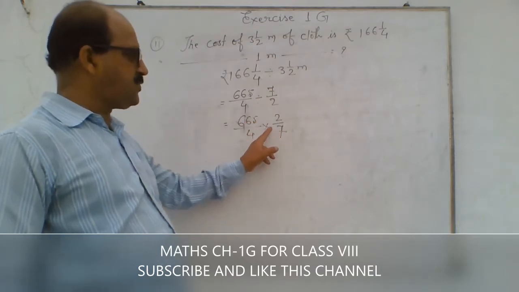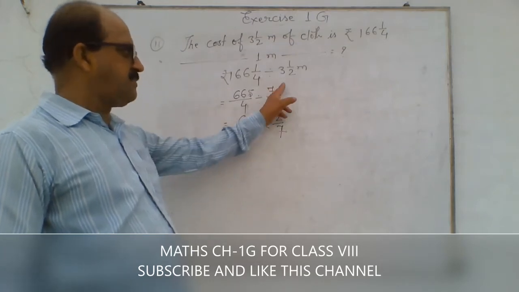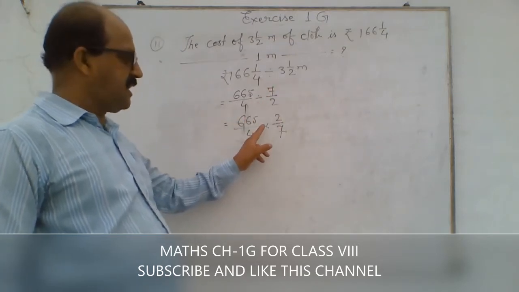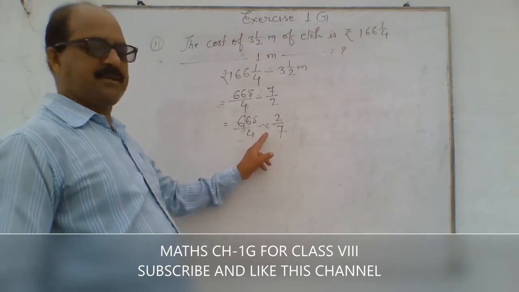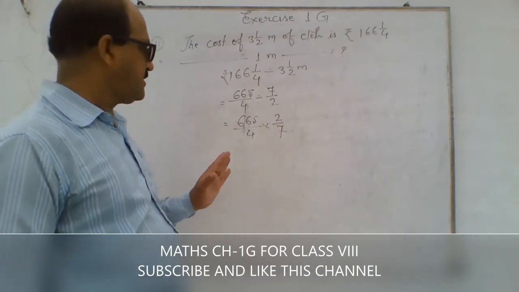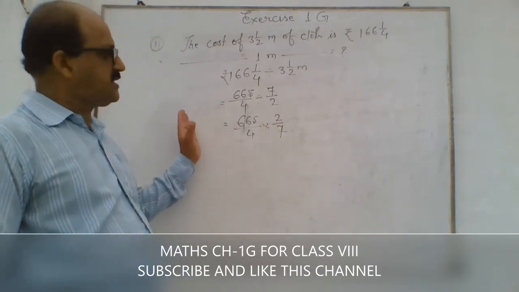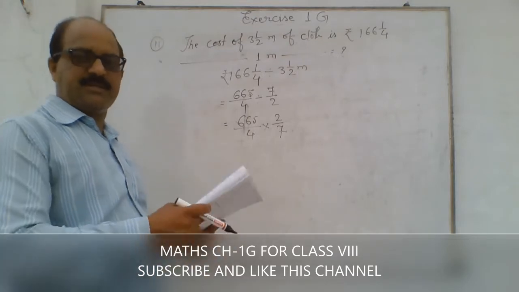So 7 by 2 is changed here into 2 by 7. So we will get the answer. From here it is very simple and you will do it.